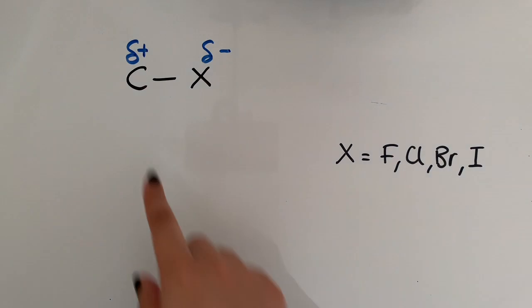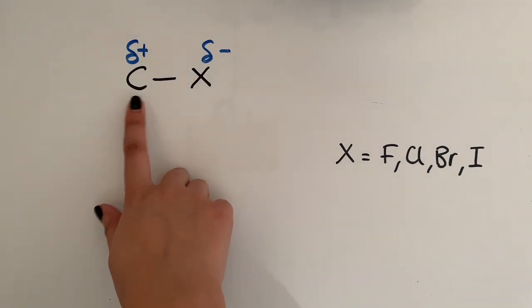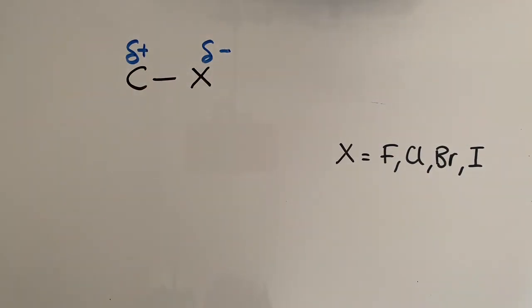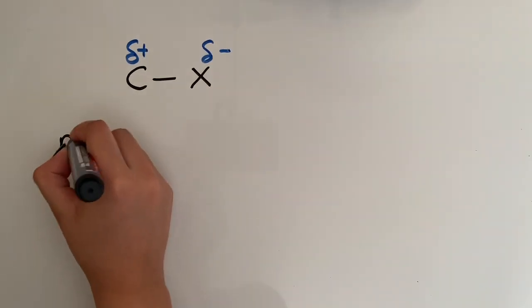This carbon delta positive, which is going to be common in all of our haloalkanes, attracts something called nucleophiles. We've looked at electrophiles, so let's now have a look at a nucleophile.